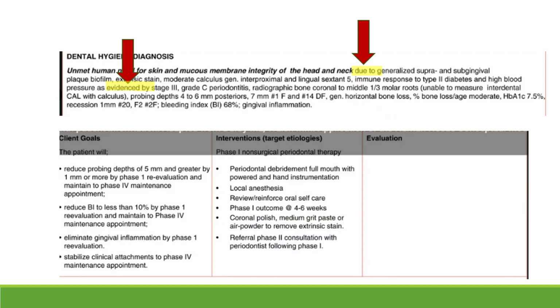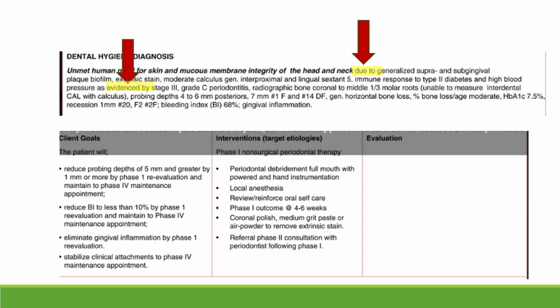Why? Because we want optimal oral health. So once we know the goals, we know there's a deficit, then we have to plan the interventions on how we're going to treat that deficit. If we have biofilm and calculus present, we want instrumentation to remove that biofilm and calculus.